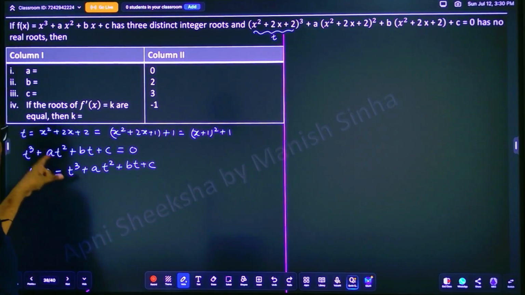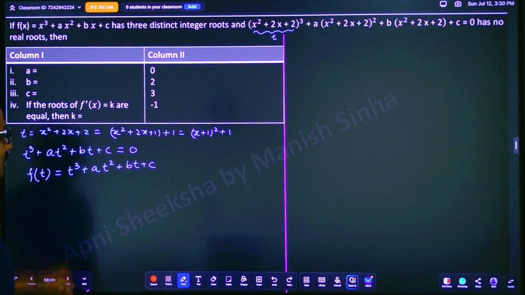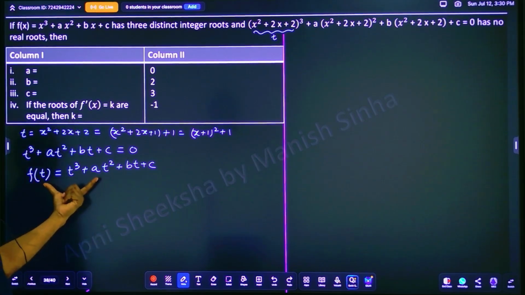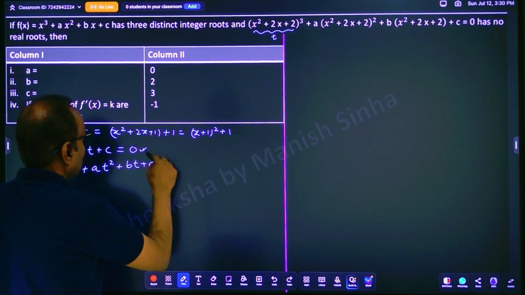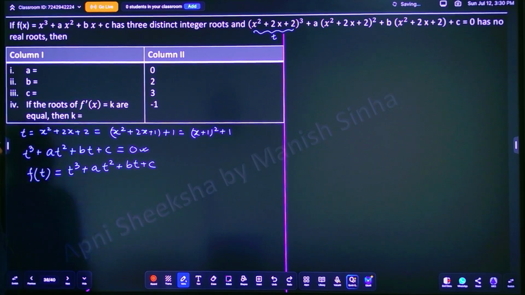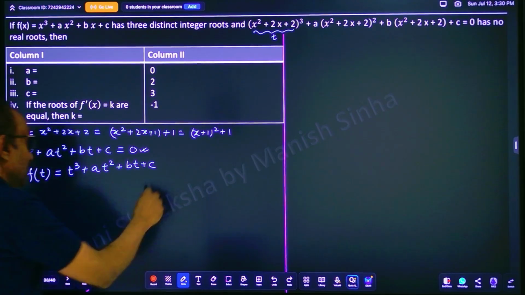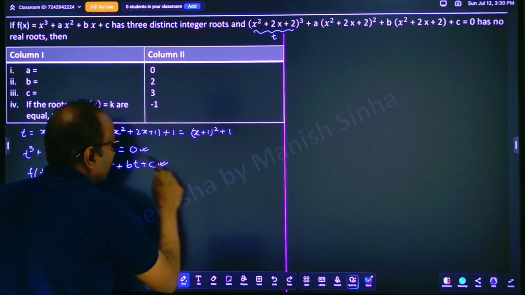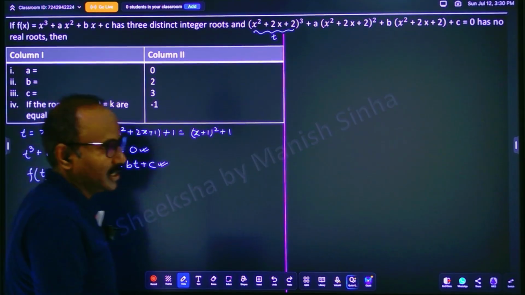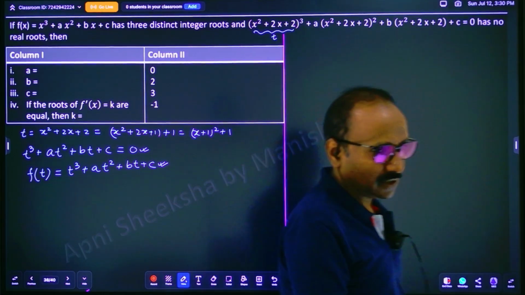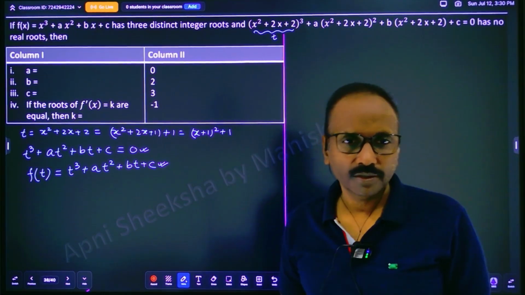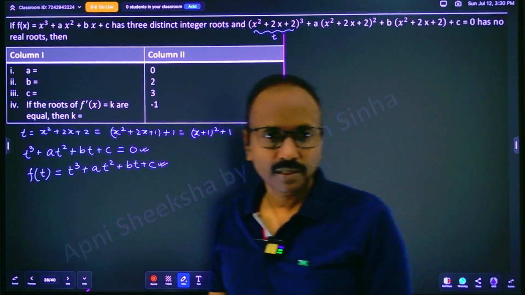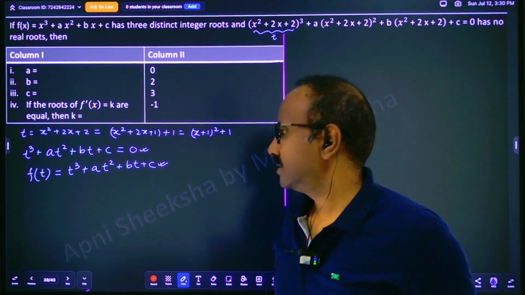So we should try to find the domain of this function. Rather we should say for this function we should try to find the domain of t.